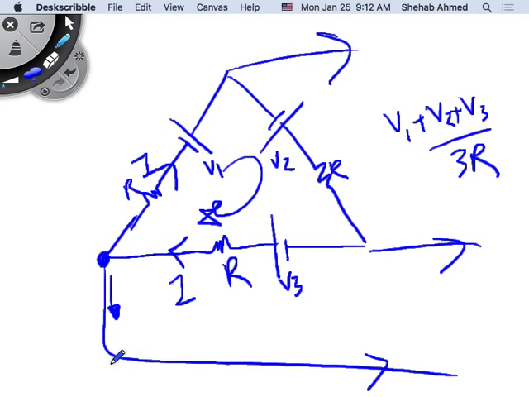But if this generator happens to be generating three-phase voltages that are 120 degrees apart, there will be no current circulating inside the delta. Current will be going outside to the load. We will talk more about that in the future, but is it at least a little bit clear?